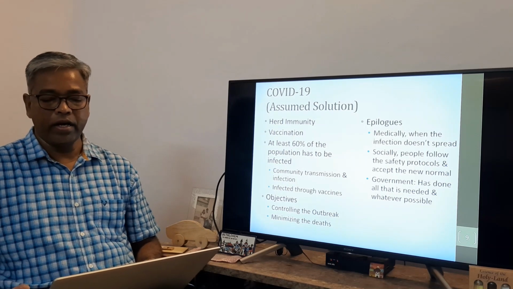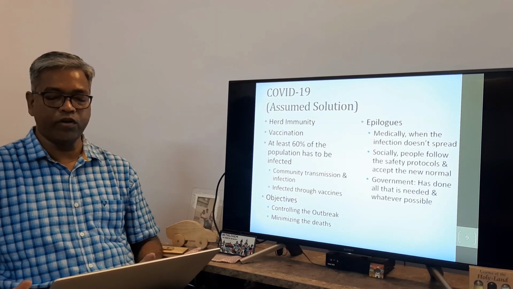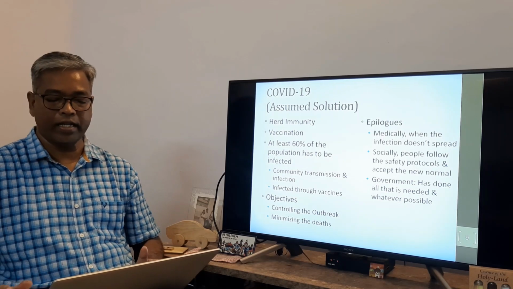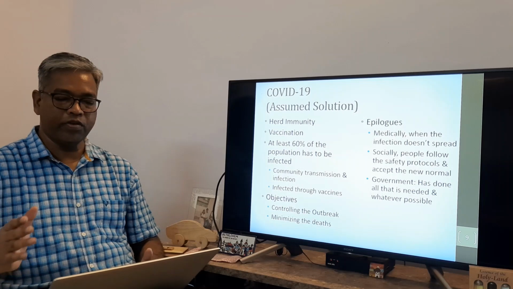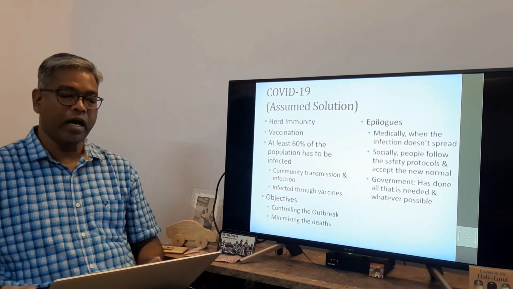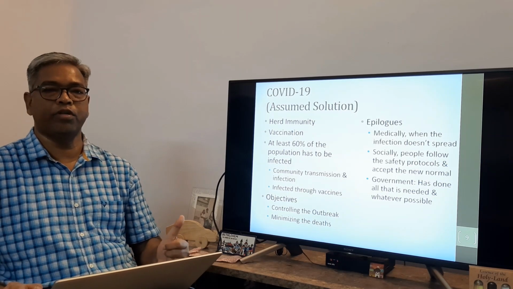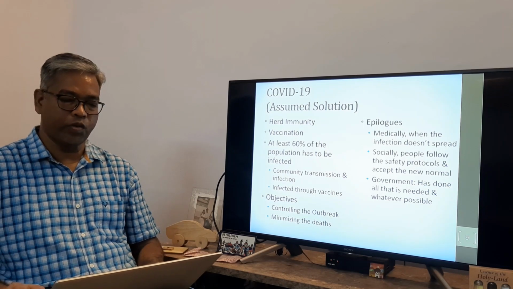And the government, if you see, says they have done what is needful, and beyond this they can't do anything, and that they have done their best. So these three things are the assumed solution from the medical fraternity, from the society, and of course from the government as well.